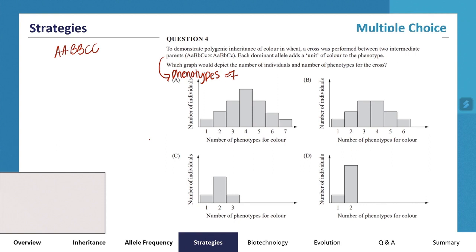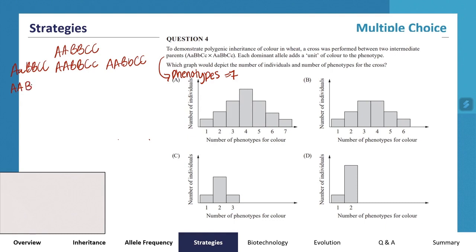You can get a combination of 2 capitals, so A, B, B, C, lowercase c, and then alternatively A, B, B with one lowercase b, or a lowercase a, capital B, capital C. Alternatively, you can get 2 copies of a recessive gene and only one fully capital set.